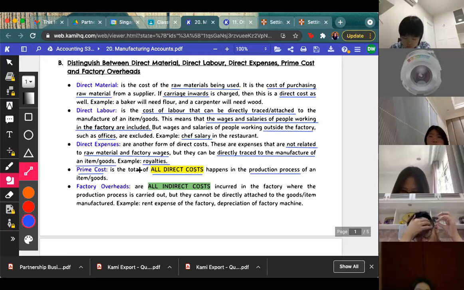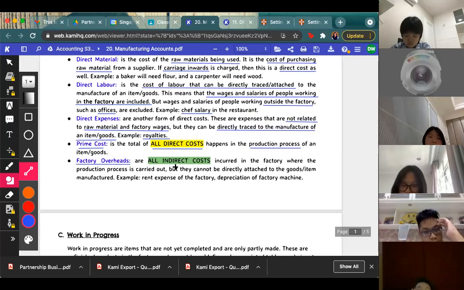And then we have talked about direct cost, and how about the indirect cost? All the indirect cost will be under factory overheads. In the factory overheads, they are all indirect costs incurred in the factory where the production process is carried out.